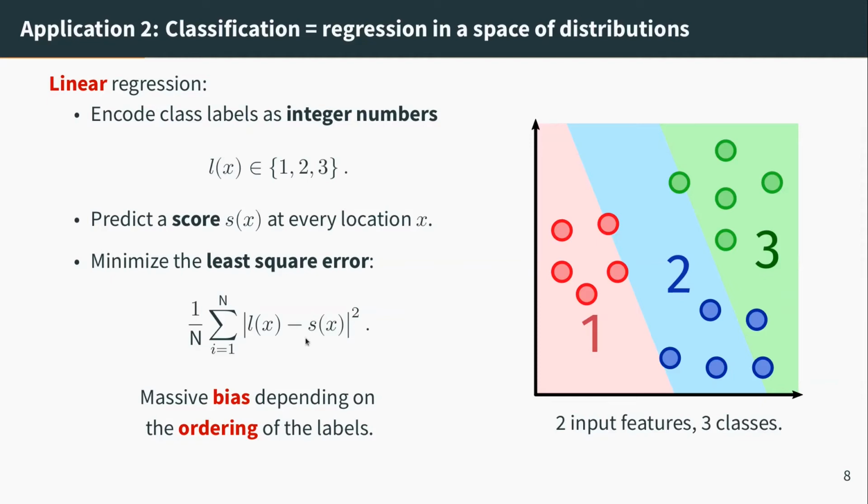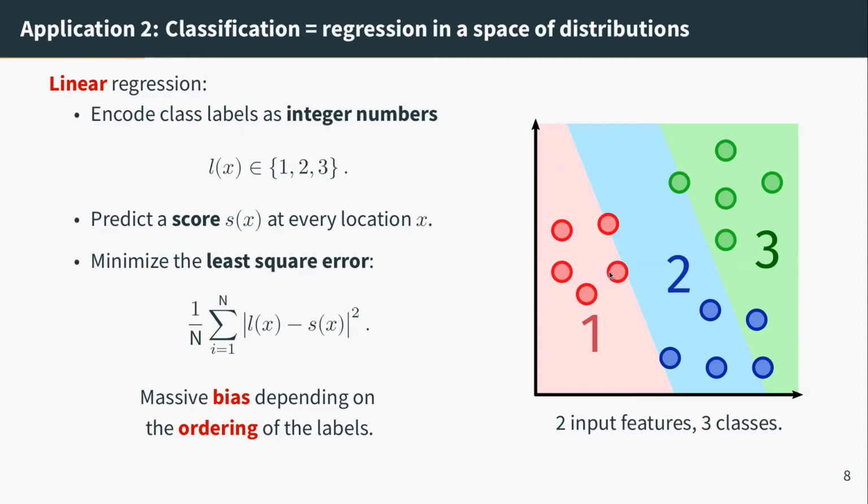And so, for instance, if you display the decision rule of your linear model that predicts a score, it's going to look like this. You're going to have a linear function, and in this region, below a certain threshold, it's going to be closer to 1.